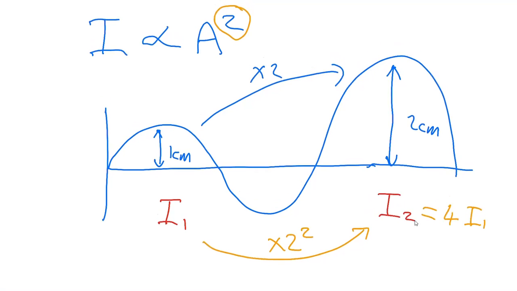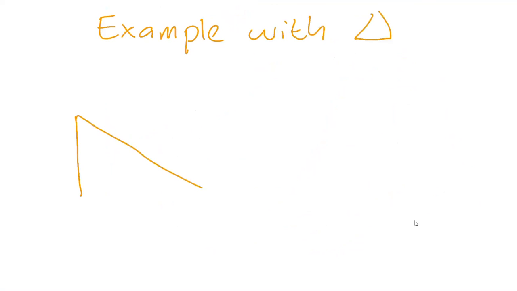Cool. Do you want to do an example with the triangle just to make sure you understand? Sure. Cool. Let's do an example with a triangle. So we're going to draw two triangles, no particular lengths, no given lengths.